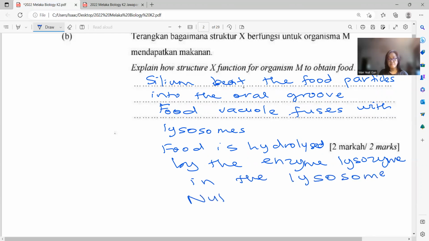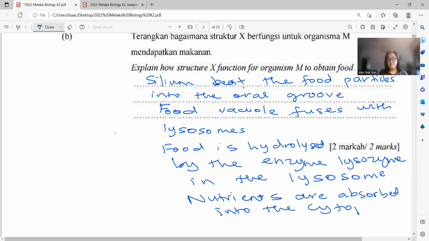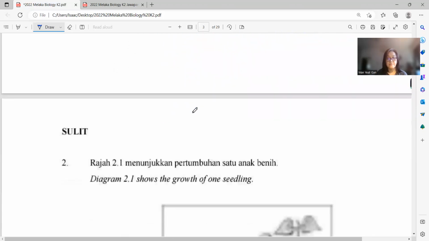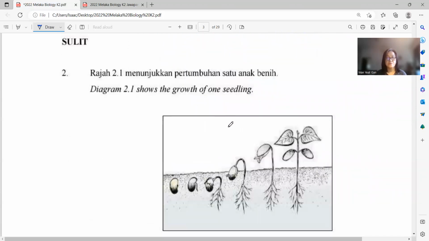Then the nutrients are absorbed into the cytoplasm. Okay. All right.